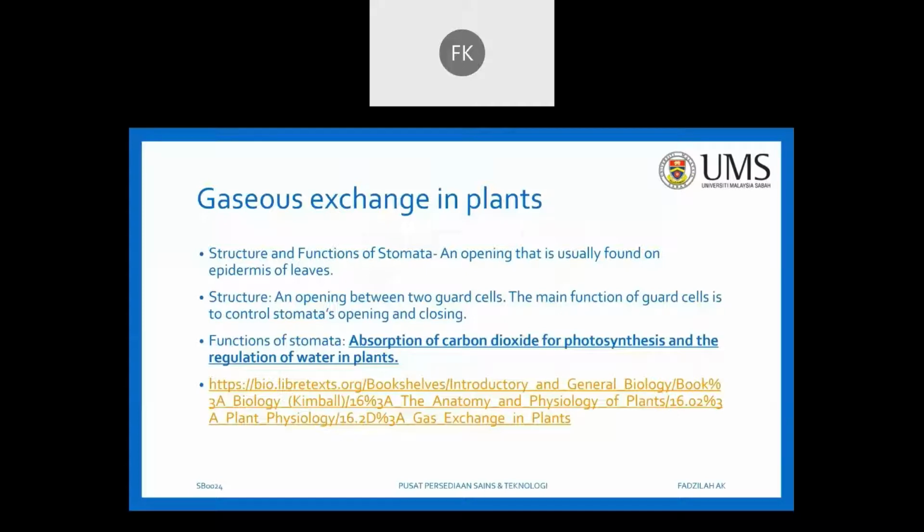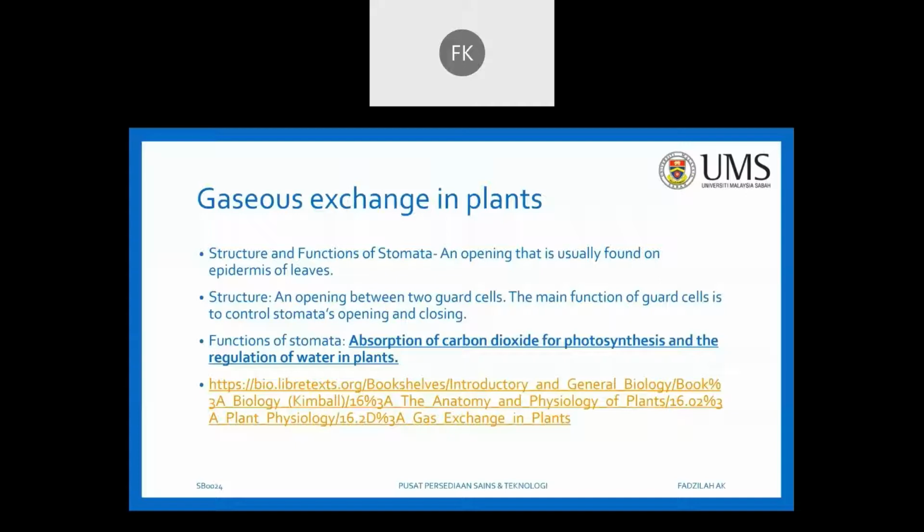Stomata are usually an opening, a pore, usually found on the epidermis of leaves, the surface of the leaf. The stomata is an opening between two guard cells. What is important? Stomata have two guard cells.